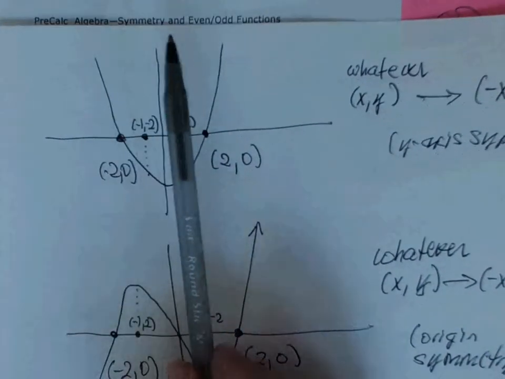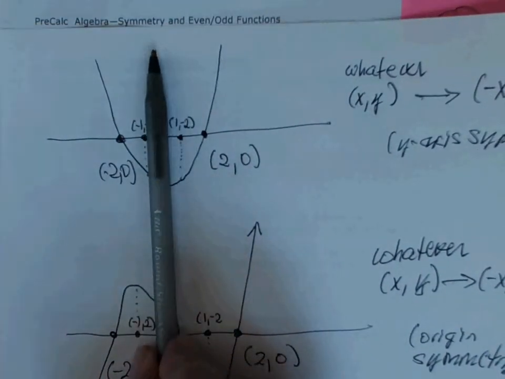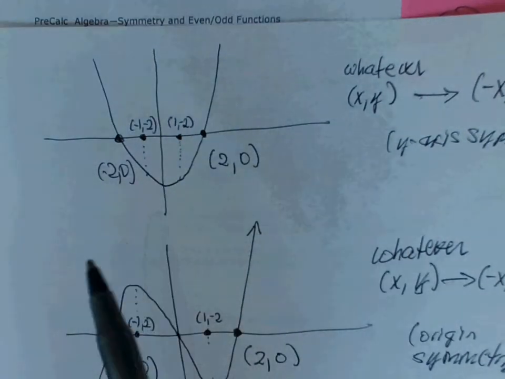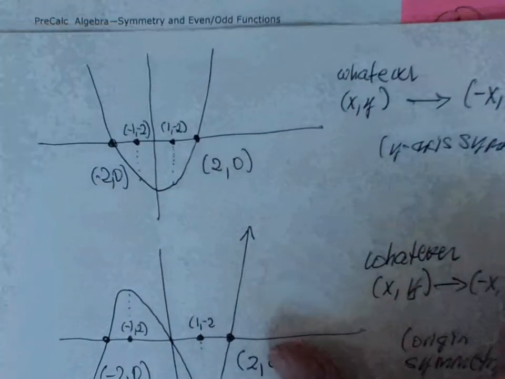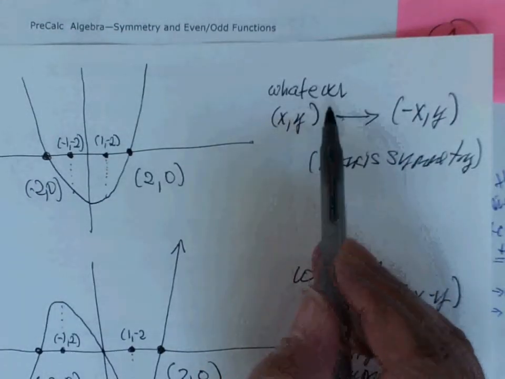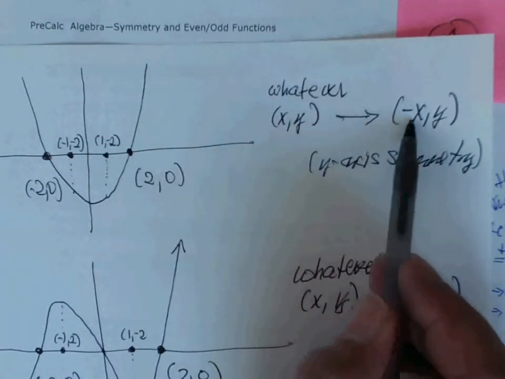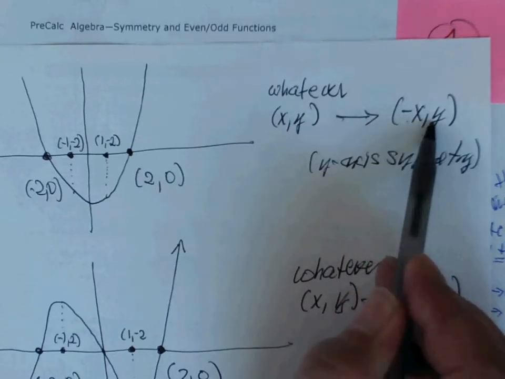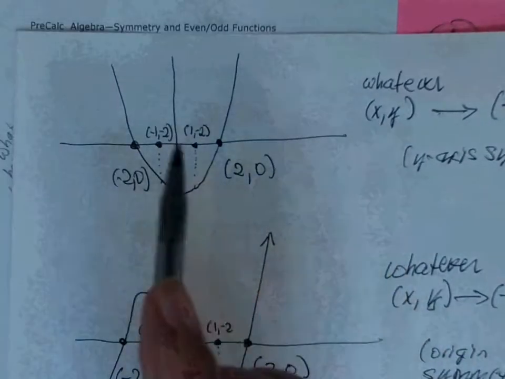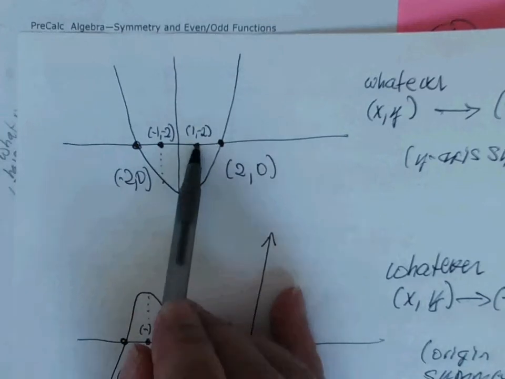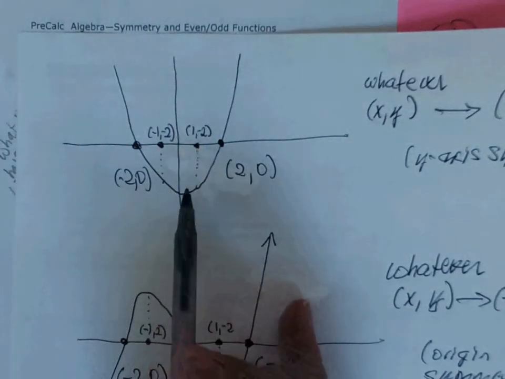Right away you might tell that it's symmetrical around the y-axis, so that's a good sign already. Here's what I want to show you with those coordinates. For whatever x and y coordinate you see, you should see the opposite x with the same exact y. So if I take this coordinate here, 1, negative 2, right? 1 on the x, down 2 here.